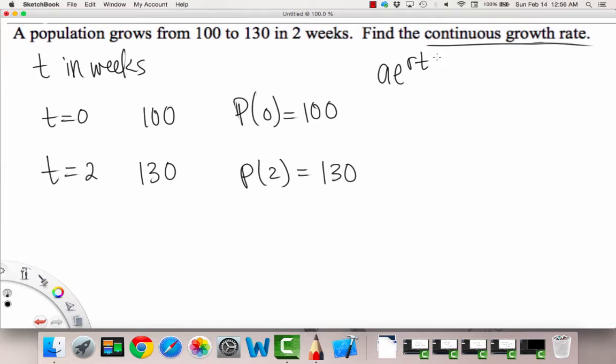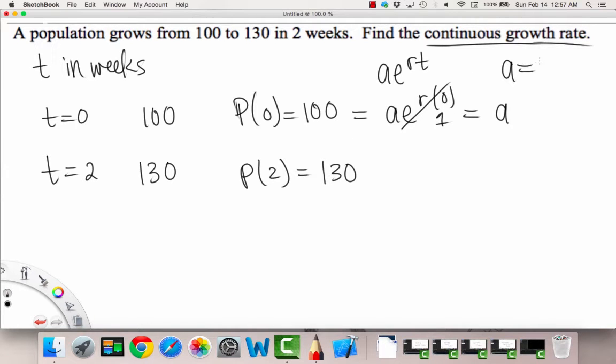So P of 0 is A times e to the r times 0, and this whole exponential part is a 1, so that's going to be A. So A, our initial amount, is going to be 100, okay?